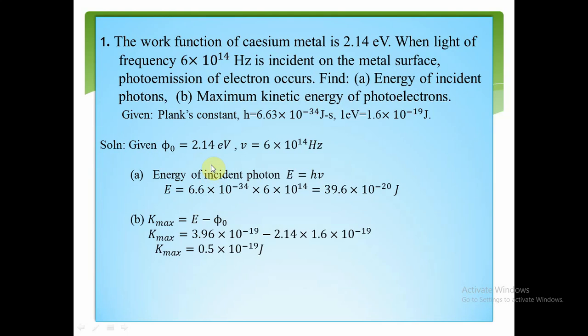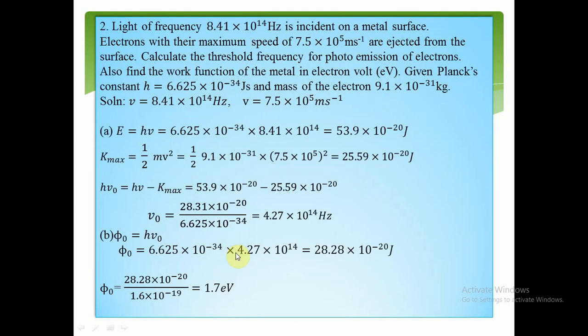The work function is given in electron volts, so we have to convert it into joules. Therefore, I have multiplied 2.14 into 1.6 into 10 raised to minus 19, which is the value of 1 electron volt. After simplification, we get the maximum kinetic energy as 0.5 into 10 raised to minus 19 joules. This is the second problem's answer.